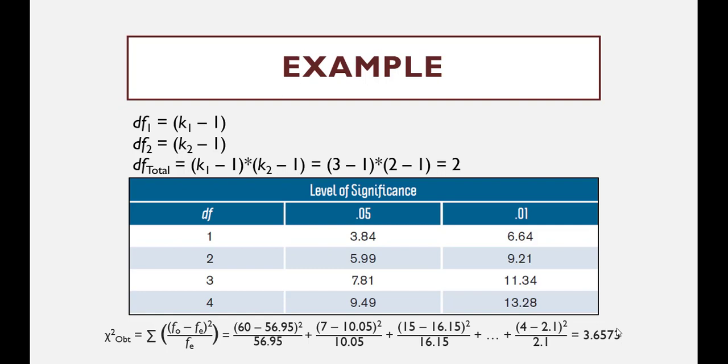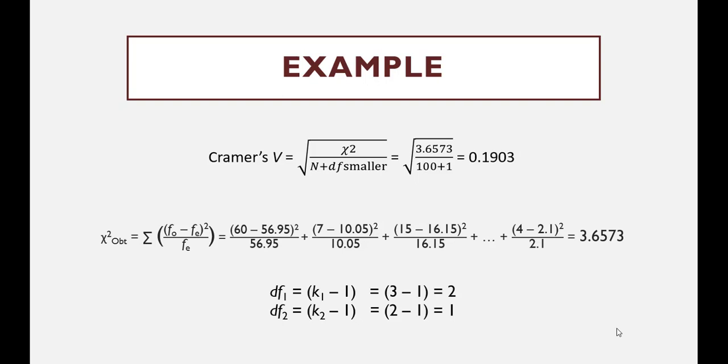Not exactly, it's a rough estimate, but if you have 200 people, 3.6573 times 2 would be about 7.3, give or take. So if you double the sample size, you should see that the chi-square also doubles. We'll actually show you that with the in-class example, where we do this with 100 people and also with 200.